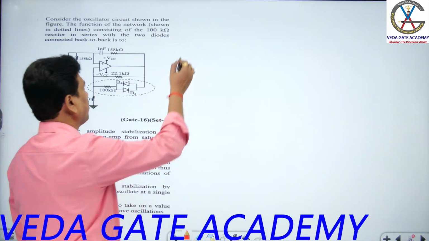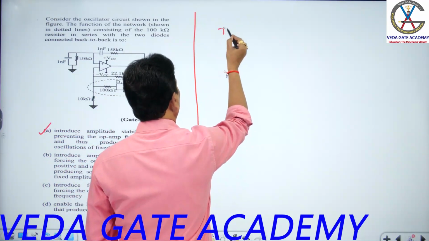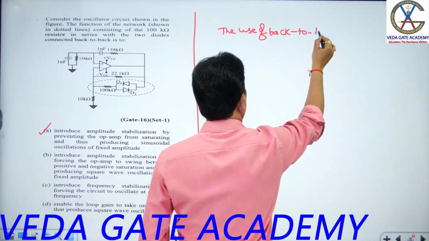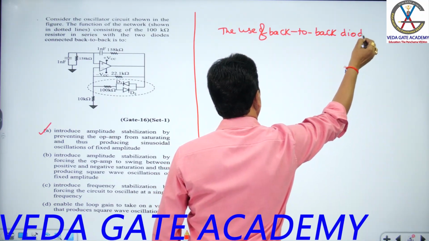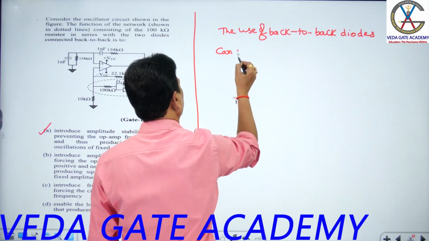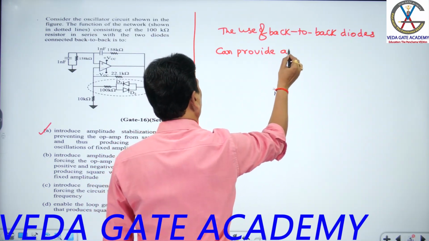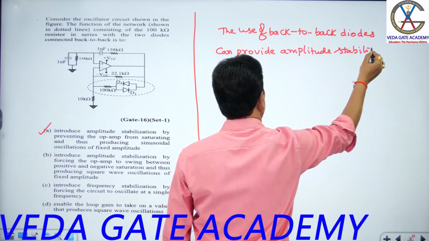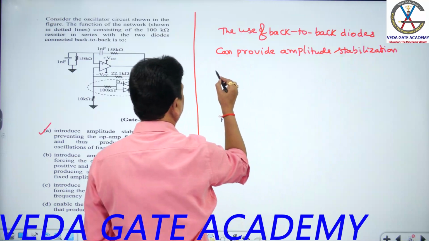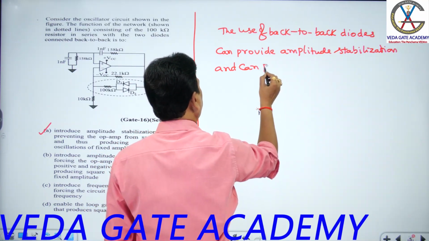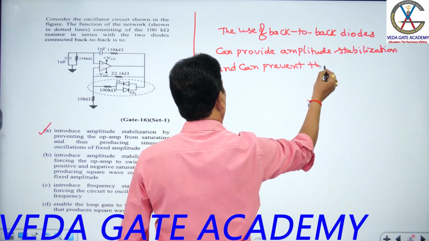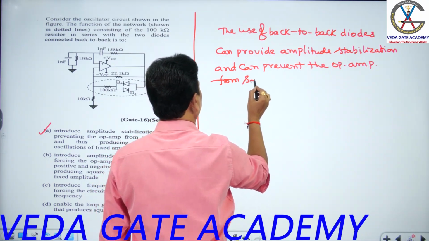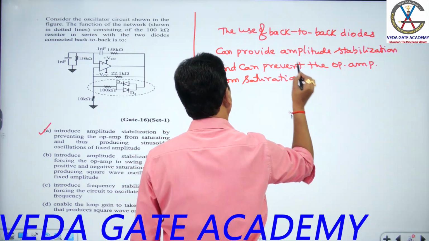Confirm now. What is the purpose of this? The use of back-to-back diodes can provide amplitude stabilization, so that it can prevent the op amp from saturation, so that it stays in linear mode and can give sinusoidal oscillations.